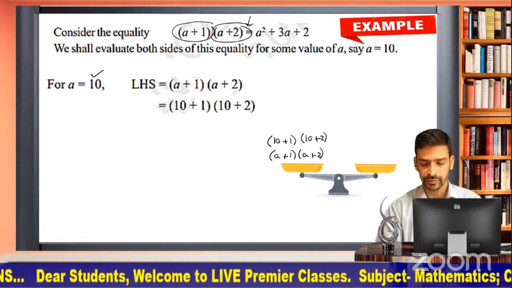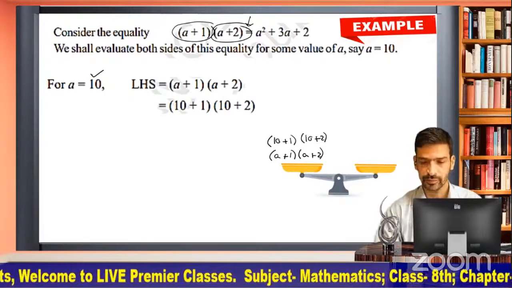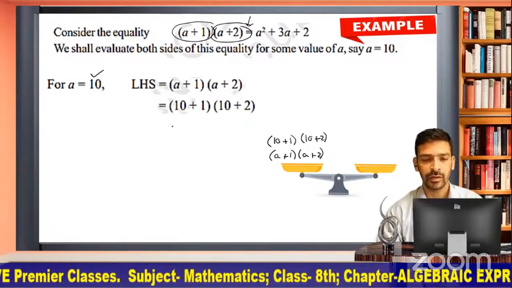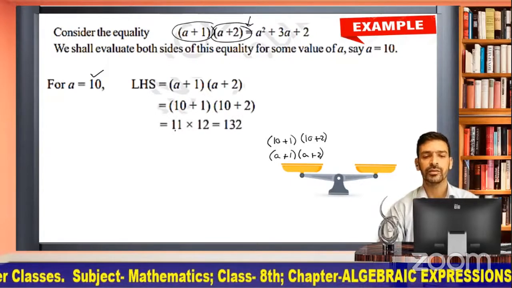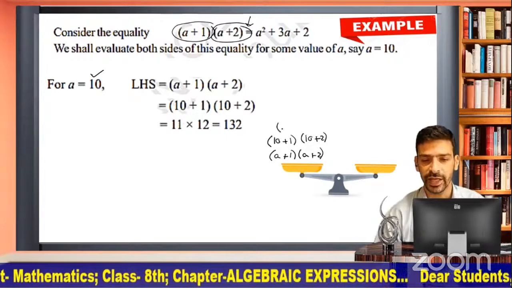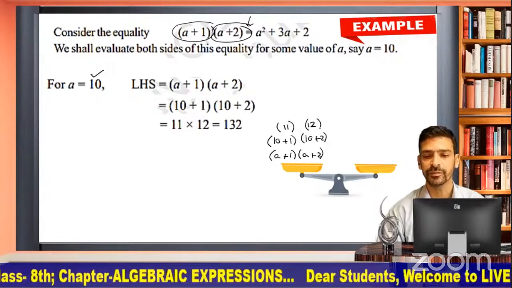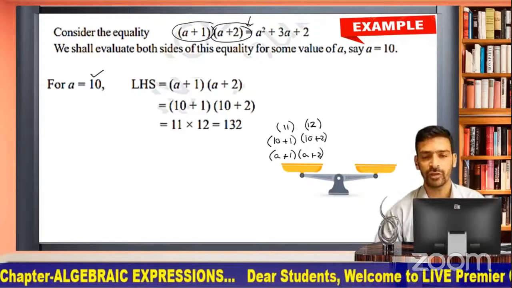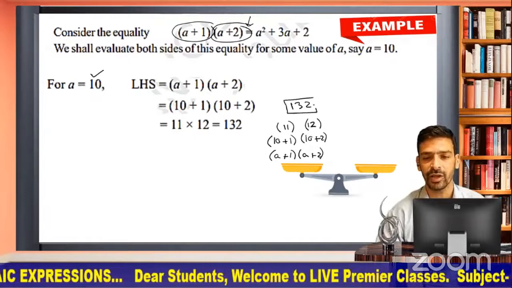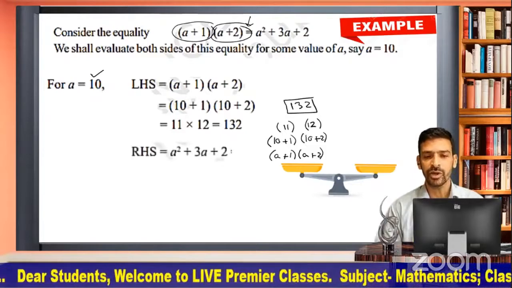You see? Then we further process it. 10 plus 1 turns out to be 11. We write 11 here. And 10 plus 2, it is 12. And if we find product of 11 and 12, it is 132. So our left hand side of the equality, ये बन गया 132. Let us solve its right hand side.